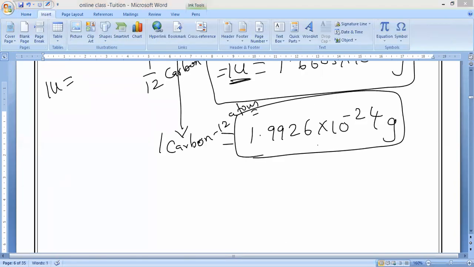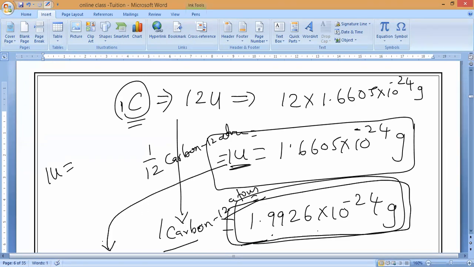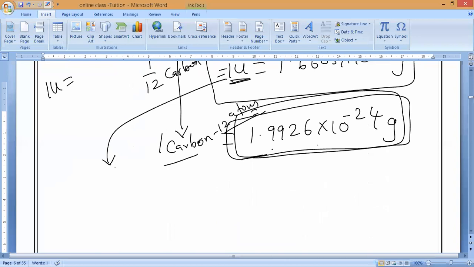So this is what we call the atomic mass unit, which we can represent as amu or U. From this you should understand that this is the mass of one carbon-12 atom, and 1/12 of a carbon-12 atom is one unit, called the absolute atomic mass.